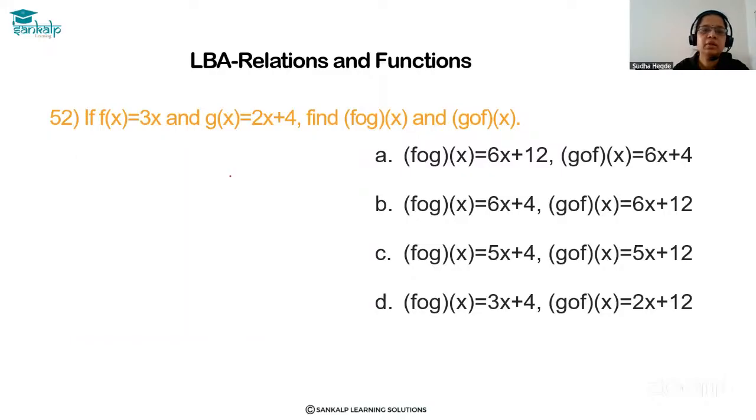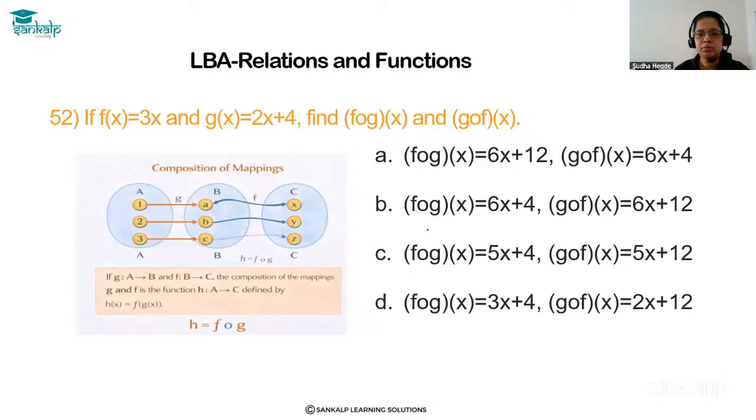Hi everyone. The question is, if f of x is equal to 3x and g of x is equal to 2x plus 4, find f composition g of x and also g composition f of x.